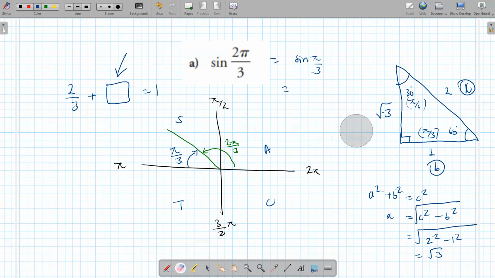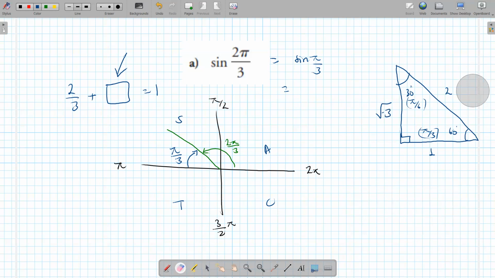Look at that triangle. It's the opposite over the hypotenuse. Pi over 3 is 60. What's the opposite side to 60? Root 3, and the hypotenuse is 2. And there you go. That'll be the final answer. The exact value of sine 2 pi over 3 is root 3 over 2.